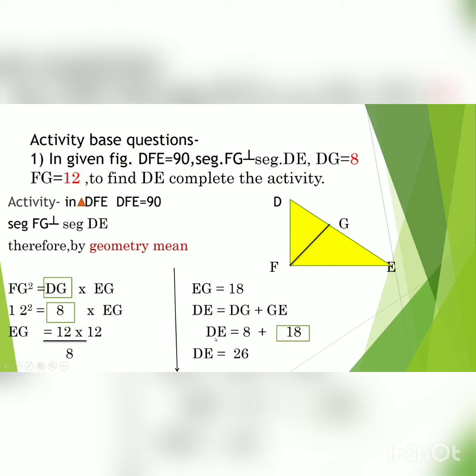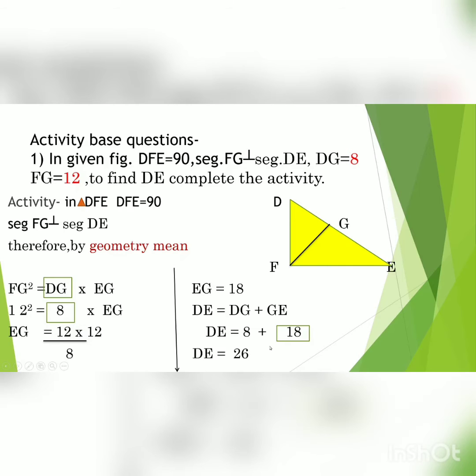So in the next step DE is equal to 8 plus, in the bracket, the value of EG, 18. After adding 18 plus 8 we get DE is equal to 26. So using the geometric mean property we solved our activity based question.